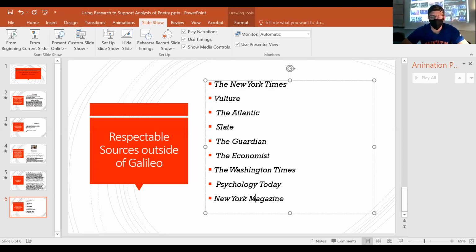They all have really respectable authors and journalists that work for them. So definitely, you can pull articles from these sources to support your ideas, okay?